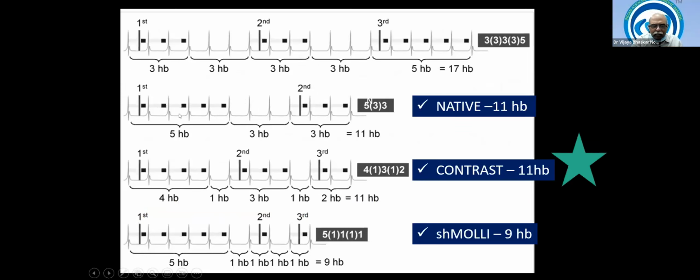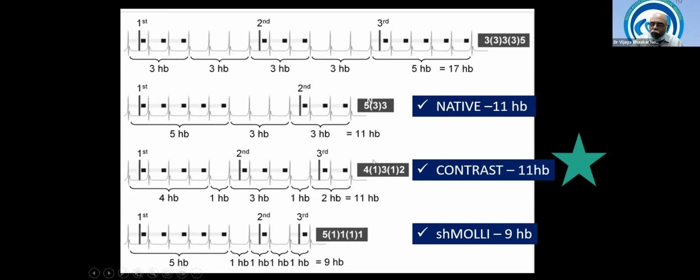The gap is to allow longer T1 relaxation to occur. Then you give a second inversion pulse, acquire 3 more heartbeats. So this is an 8 heartbeat sequence commonly used now for native T1 mapping, and the total number of heartbeats is 5 plus 3 plus 3, which is 11, with the gap.